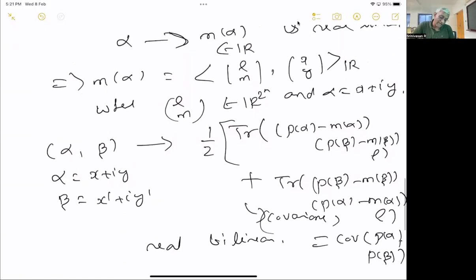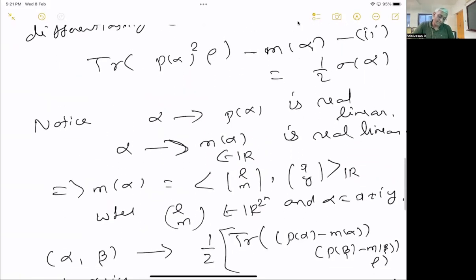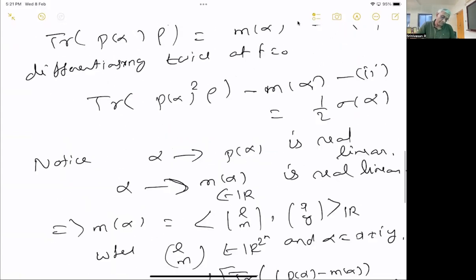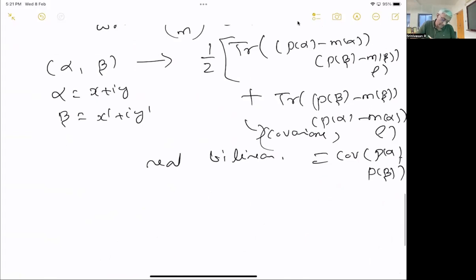So in particular, our sigma, whatever the sigma we have there, is given by a 2n cross 2n matrix.